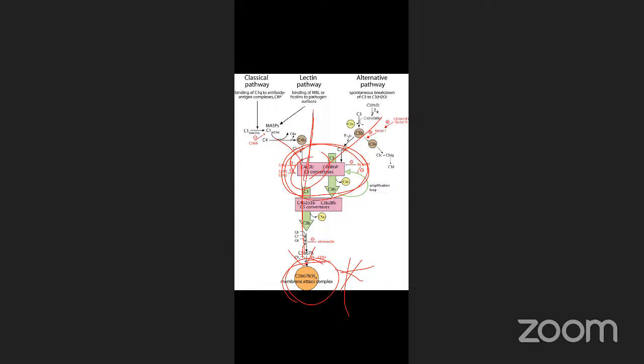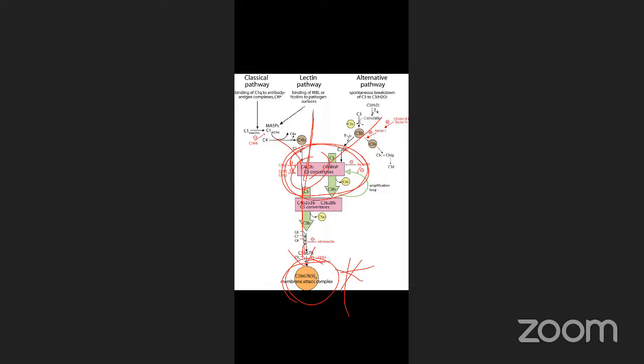Binding of MBL or ficolin to the pathogen surface. The pathogen surface contains this MBL molecule, and it is recognized by the C1 protein, C1q binds with the MBL. That leads to the formation of C3 convertase in the second pathway, the lectin pathway.